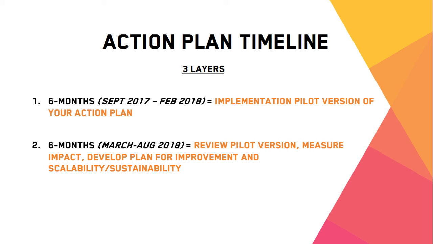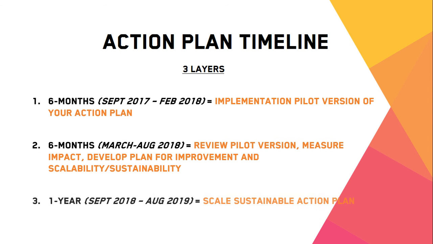What are the options of implementing it in different communities all around the globe? So that's also included in the second 6 months. When you created a plan for scalability, then it's time to actually do this. So it's about seeing where this project can be scaled and in which communities it can be implemented.